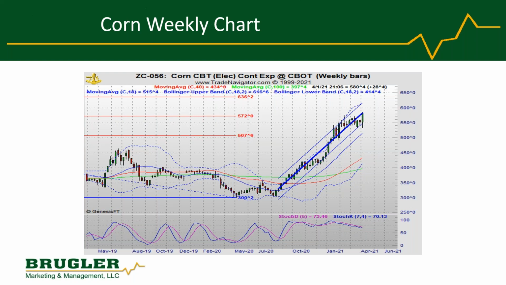This suggests there should be pretty good support in the high 540s, and some resistance, obviously at 572, which is our 50% retracement of the drop from 2012. We are cautious here on the old crop side of things because some of the technical indicators are still bearish, but we do like this action over the last 3 weeks of popping up in the channel.